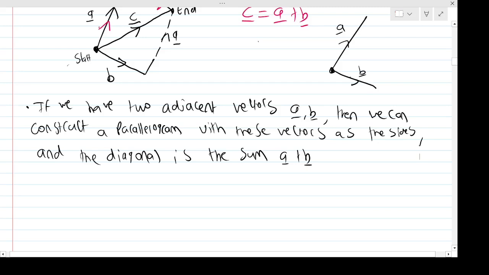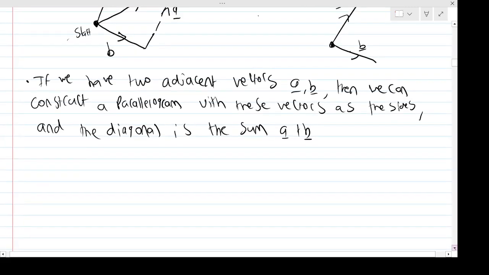And actually, the parallelogram law is also equivalent to the triangle law, because consider this: if we have our two vectors A and B, they are adjacent, so they're facing away from each other. We construct our parallelogram, as the parallelogram law tells us.